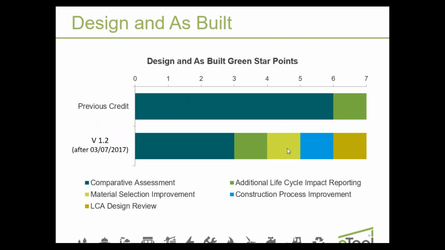If you would show that you improved some material, that you improved the construction process, and finally the LCA design review, which means that if you can prove that you started using LCA in the concept phase to inform the design team and improve decisions. So this design review means kind of a preliminary assessment, very simple and generic, of the concept. And then the full assessment will need to be done later on, which will be that part.